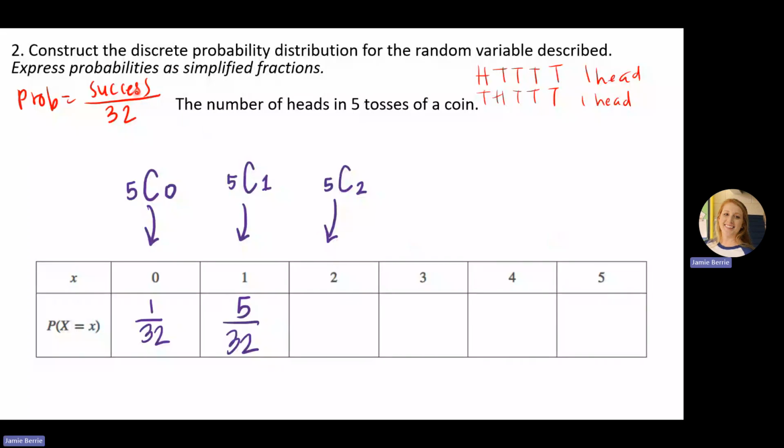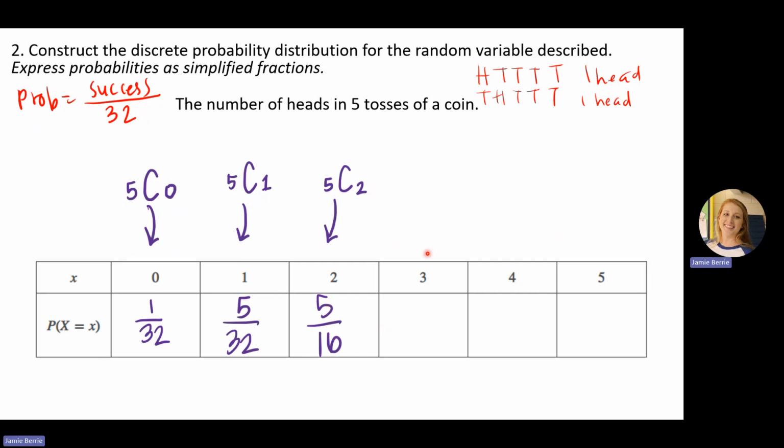So let's fill in our table. It's going to be 10 over 32. Now, they did say to write simplified fractions, so these both are divisible by 2. So we have to reduce this. 10 divided by 2 is 5. 32 divided by 2 is 16. So that reduces to 5 over 16.